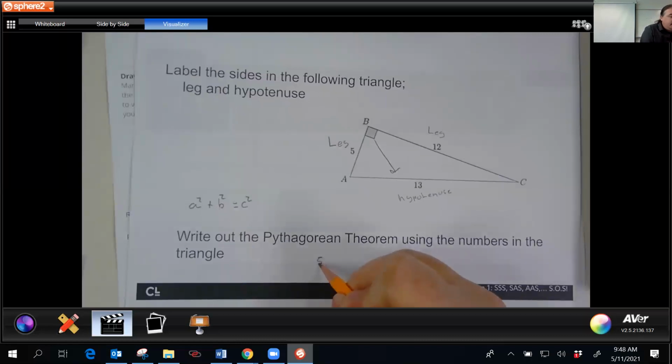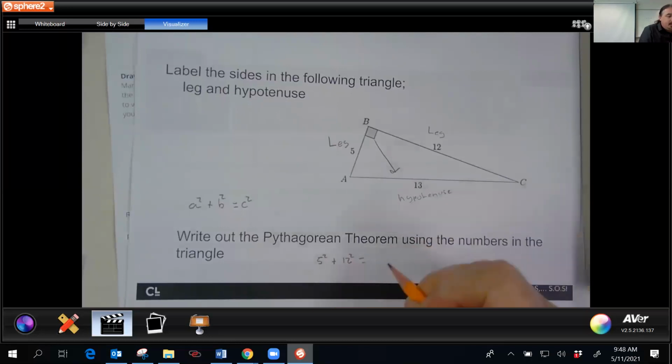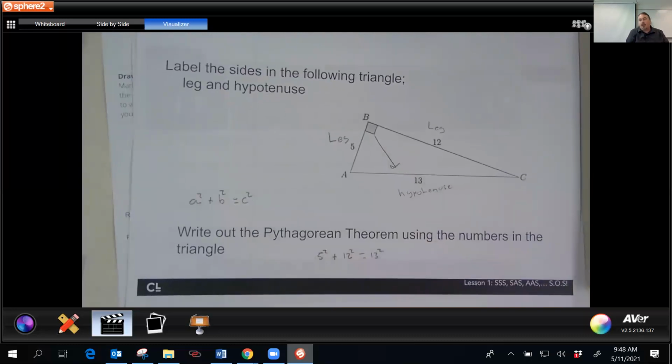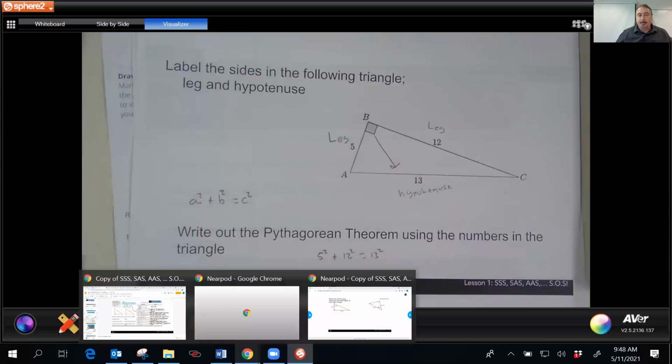It's going to be 5 squared plus 12 squared equals 13 squared. It depends on what we need to find. The Pythagorean theorem will help us find either one of these legs or the hypotenuse, just using a little bit of algebra. All right, let's go back to our Neuropod.